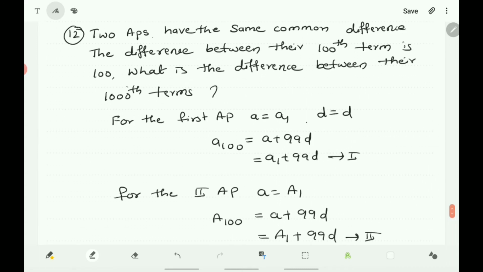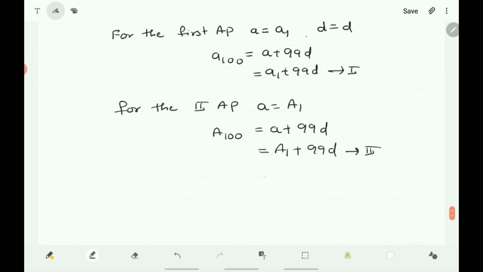It is given that the difference between their 100th terms is 100. That is A100 minus A100 equals 100.